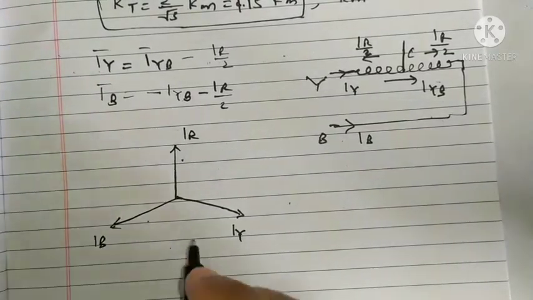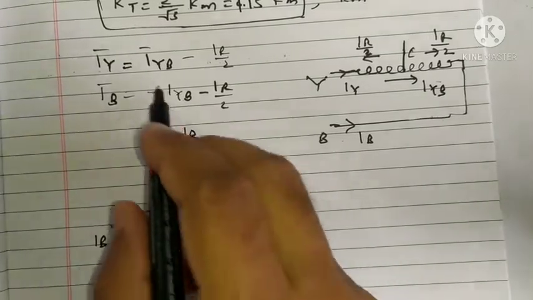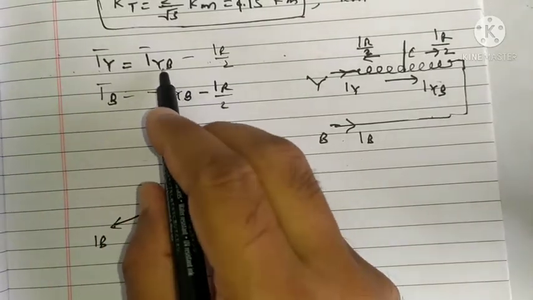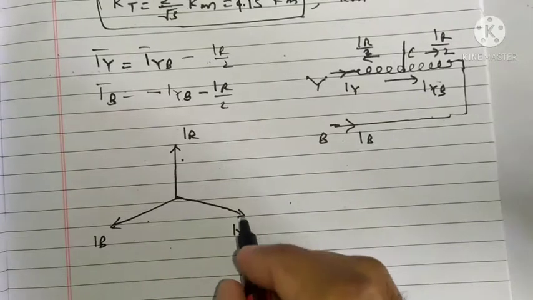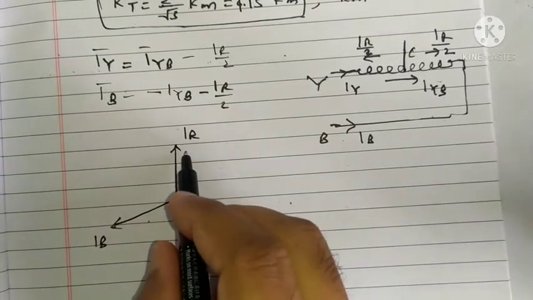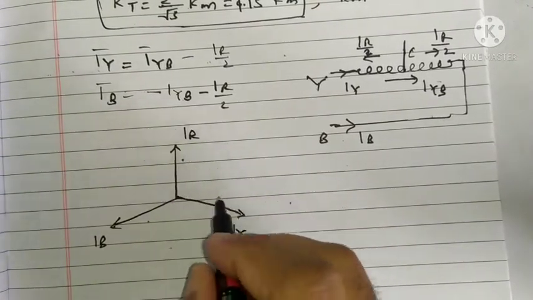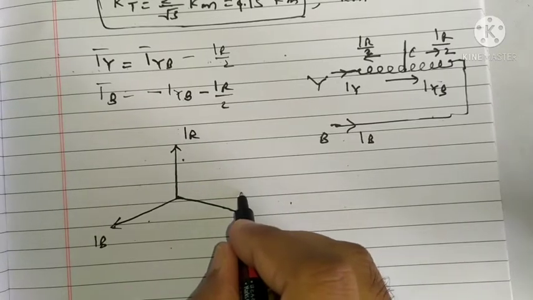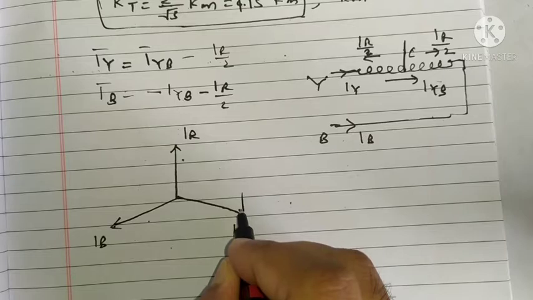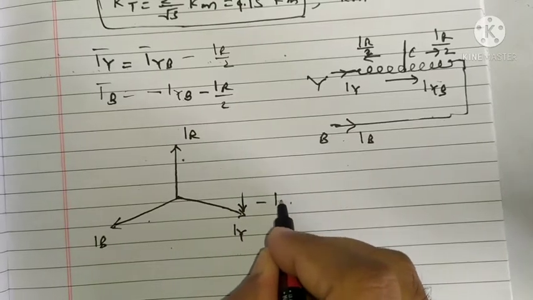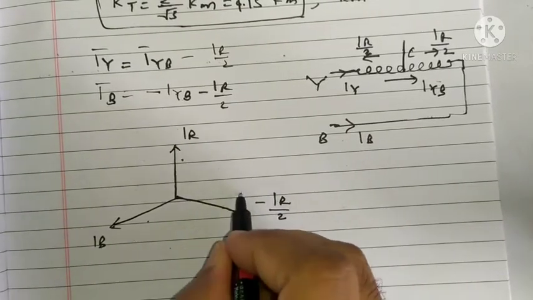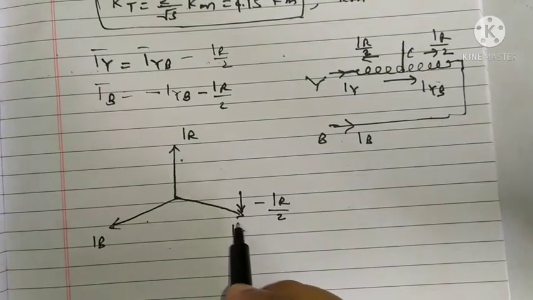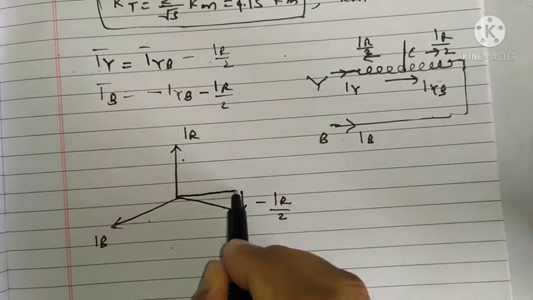If I have to complete this phasor, Iy is Iyb minus IR by 2. Minus IR by 2 will be half of IR in the opposite direction, so vertically downward.